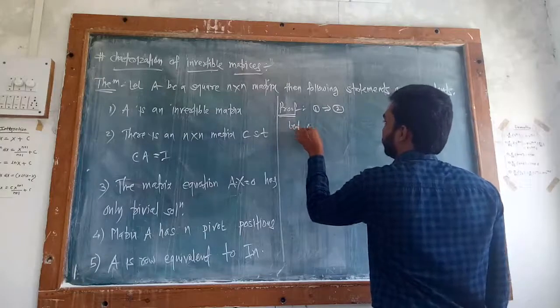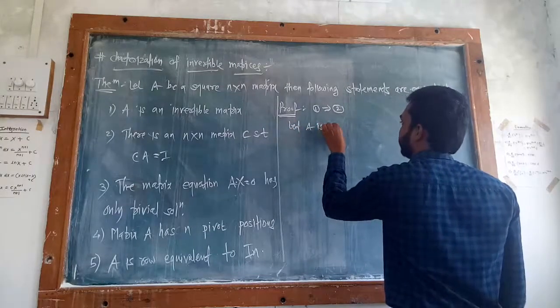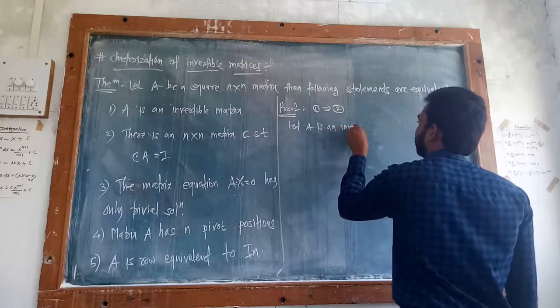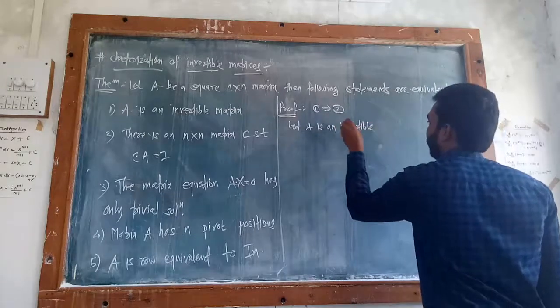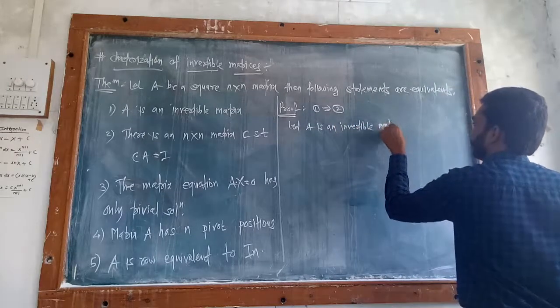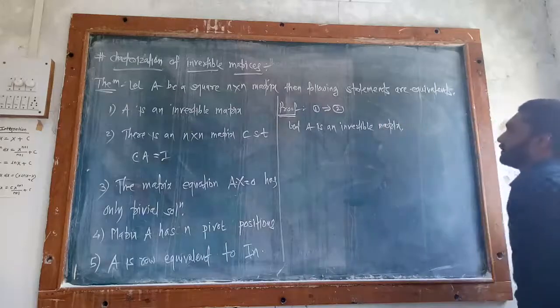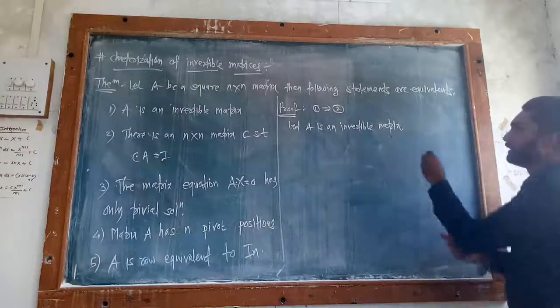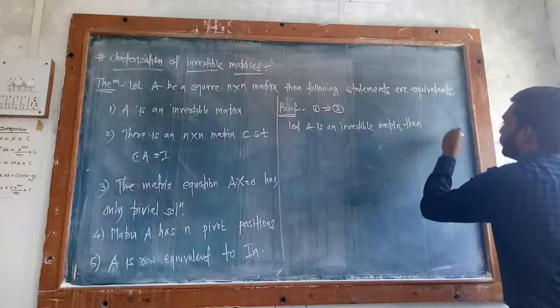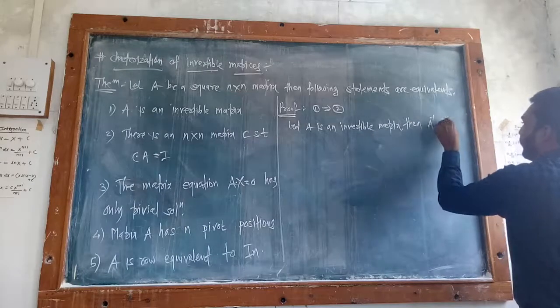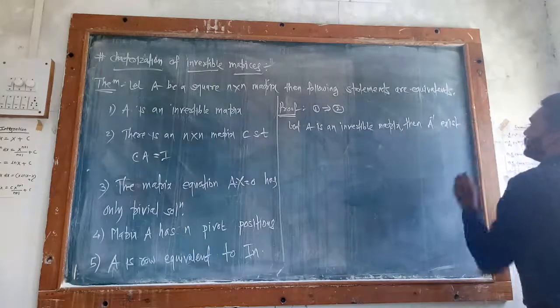Let capital A be an invertible matrix. Now if A is an invertible matrix, then by definition of invertible matrix, A inverse exists.